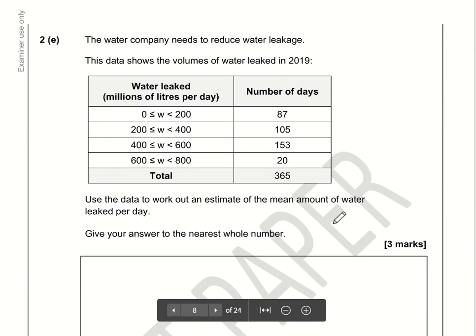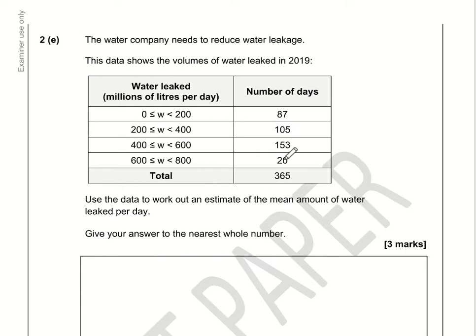Okay, for 2E, we want an estimate of the mean. The reason why it's an estimate is because we've got 87 days where we don't know how much water leaked. We just know it's between 0 and 200. So what we're going to do is assume it's the midpoint, so the MP column, midpoint column, that is 100.